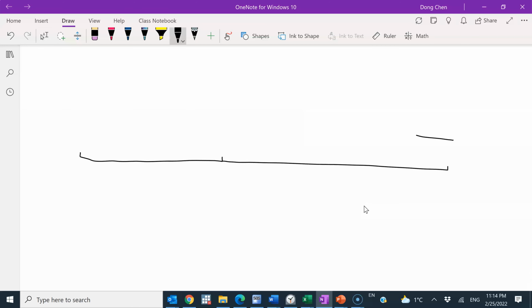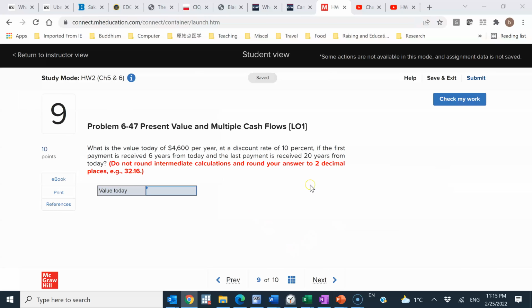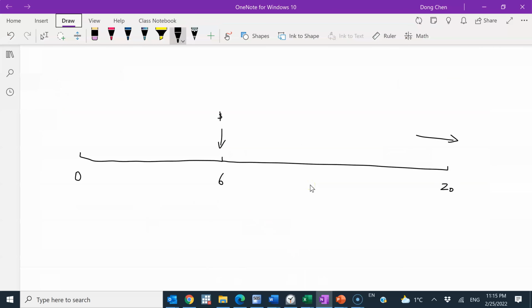The time goes in this direction. We are standing here, and this is year 6, and this is year 20. The first payment, 4,600, will take place by year 6, and this continues until year 20.